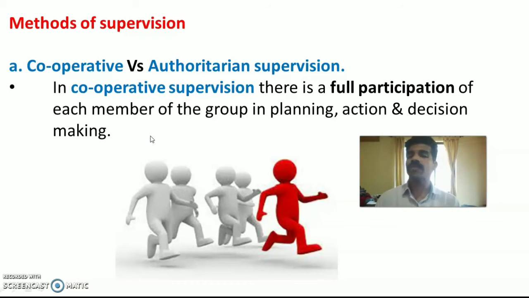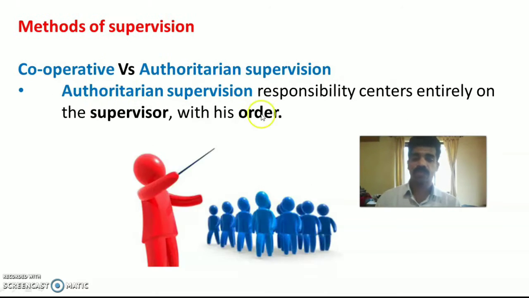So in the cooperative supervision method, the supervisor gives full participation to the employees or workers, both in planning and implementing various programs in the work setting, and even in various decision making. So this is about the cooperative supervision method.